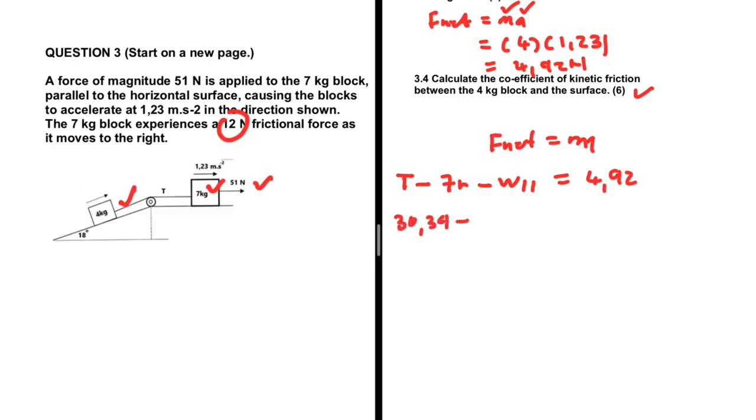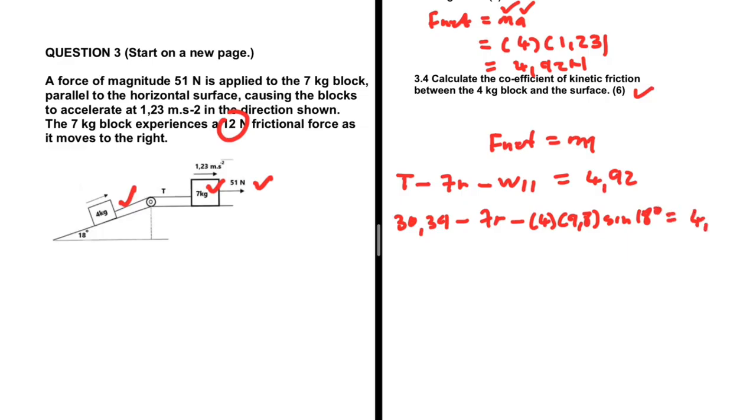So we're going to have 30.39 minus the frictional force. We don't have the frictional force, so there's nothing we can substitute there. Let's find the frictional force first, and then after finding the frictional force, we're going to find the coefficient of kinetic friction. Minus weight parallel. Weight parallel is mg sine of theta. So that will be 4 multiplied by 9.8 multiplied by sine of 18 degrees.